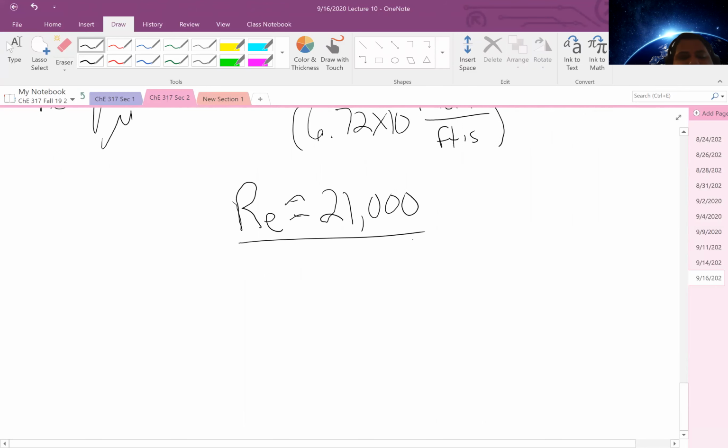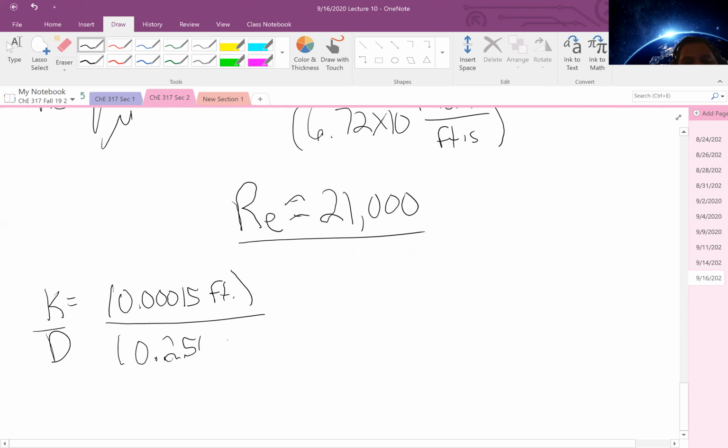So with this, I can then calculate our relative roughness, our K over D value for stainless steel, where K is 0.00015 feet. The diameter, I already said, was 0.256 feet, which gives us a relative roughness value of approximately 0.00059.